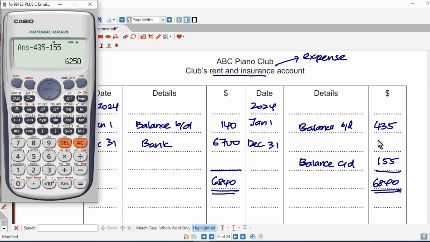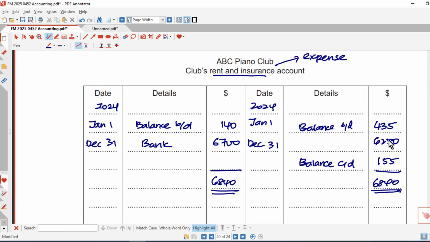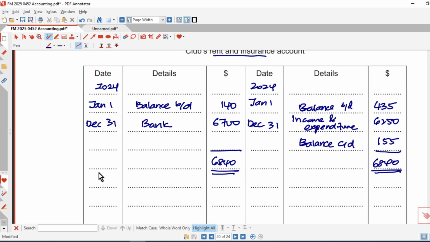Okay, so you get 6,250. That will be the charge to your income and expenditure account. Don't forget the balance brought down.